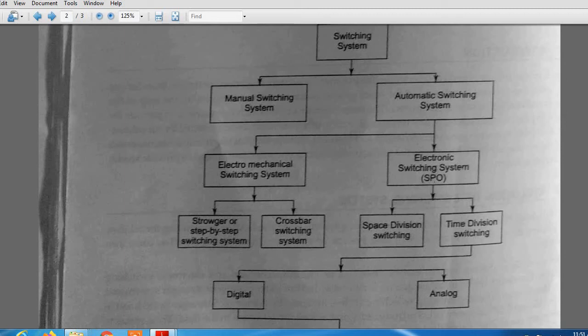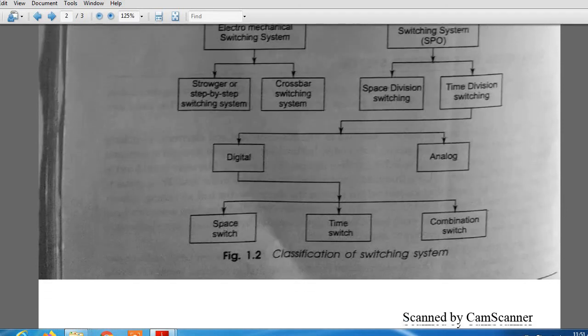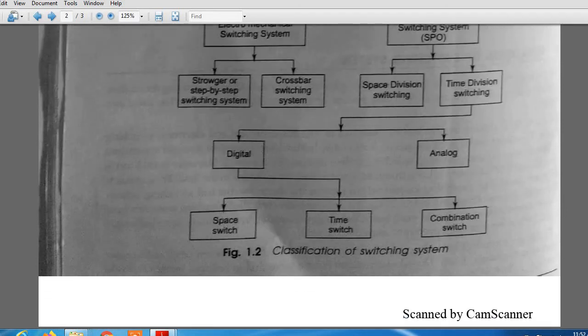And electronic is divided into two parts, space division and time division. Time division is again divided into two parts, analog and digital. Digital is classified into three parts: space switch, time switch, and combination switch. So this is the classification tree of switching system.